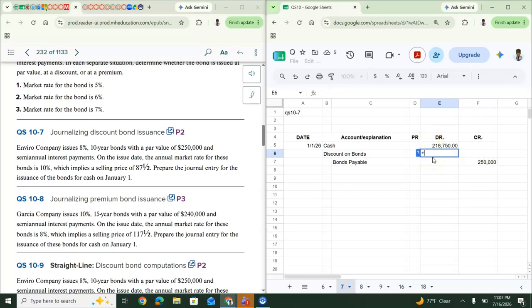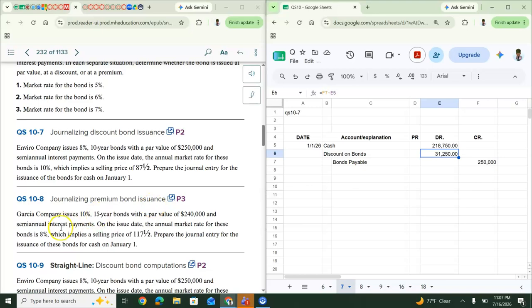And then the difference between the 250,000, subtract the cash proceeds, that difference is going to be the discount portion. Or you can simply take the 12.5%, and you still come up with 31,250. And that's it for this quick study.